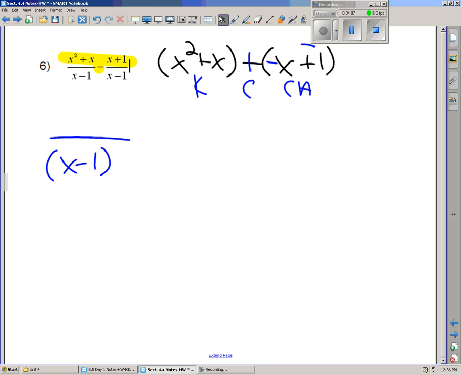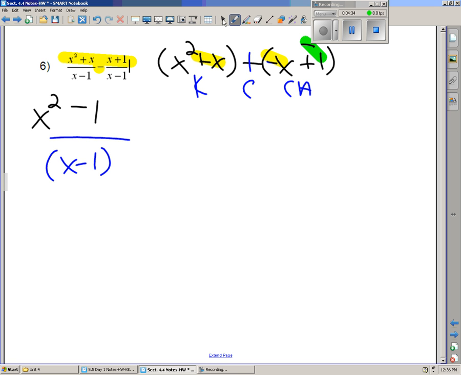So now when I combine like terms, there's only one x squared, and I'm going to keep that as is. So the x squared just stays as x squared. In terms of the x's, I've got this positive x and this negative x, which cancel out. And then what's left over becomes this negative 1 that I have. So this becomes x squared minus 1. Make sure you're okay with that.